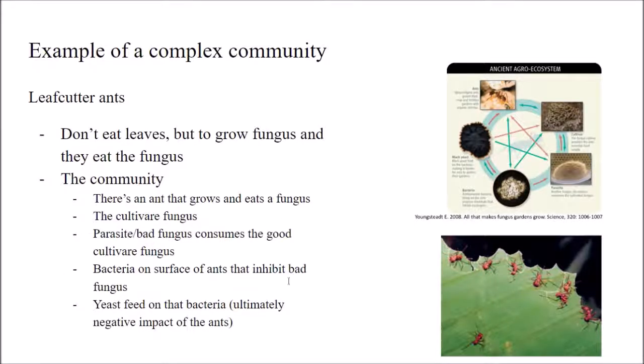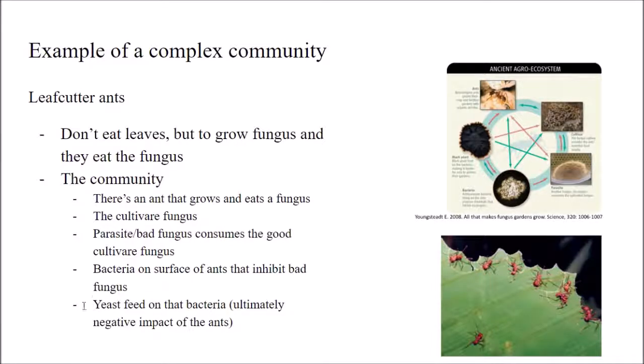What's even more interesting is that there is another organism within the mix, and this organism is a bacteria. It lives on the surface of the ants and ultimately inhibits the bad fungus that kills the good fungus.